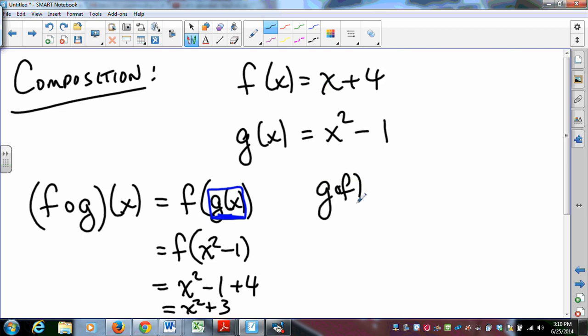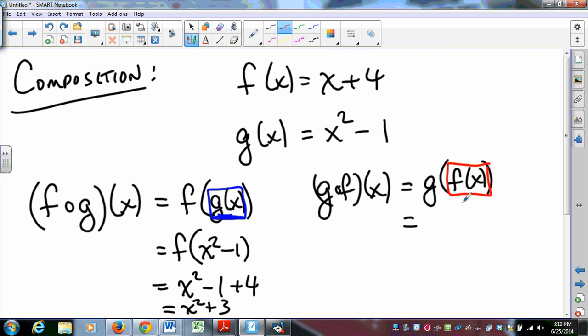We could say the same for gof. Gof is g of f of x. So what does that mean? That means I'm going to take this function and stick it into that one. I'm going to find g of x plus 4. So I ask myself, what does the g function do?